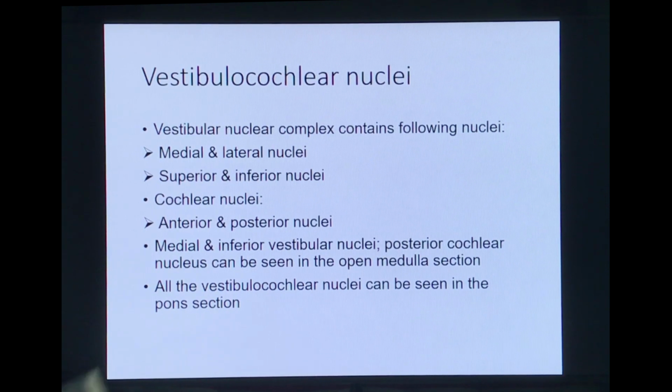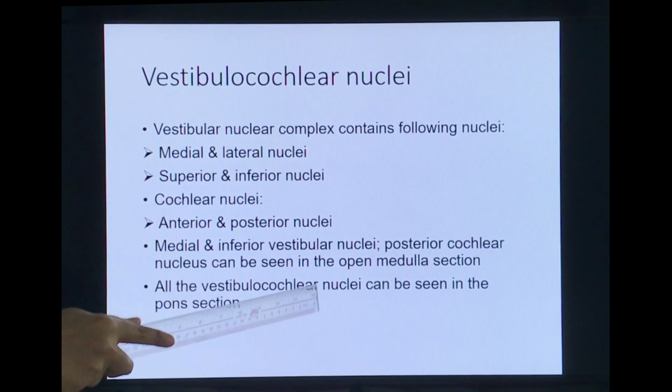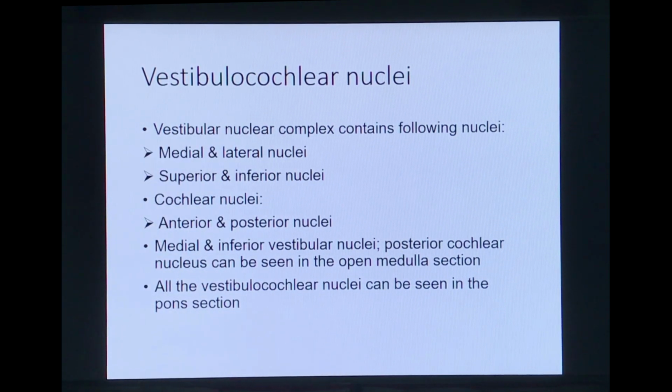Then the cochlear nuclei, there are 2 in number, anterior and posterior. Part of the posterior cochlear nucleus is also seen in the medullary section, that is the open medulla section. So all these vestibulocochlear nuclei can be seen in the pons section. These nuclei, especially the vestibular nuclei, receive fibers from the vestibular nerve.